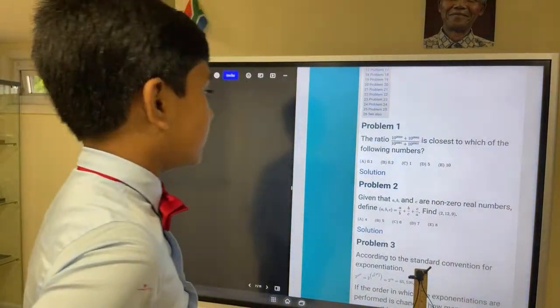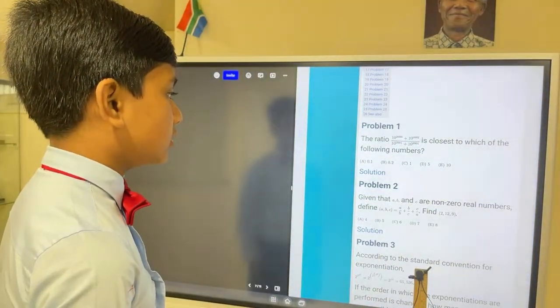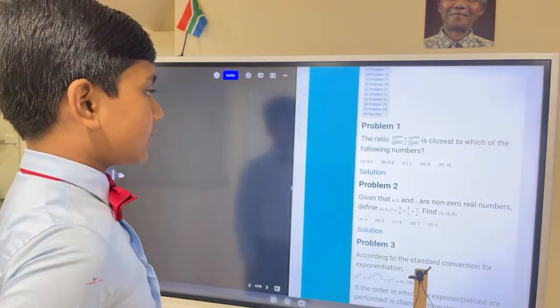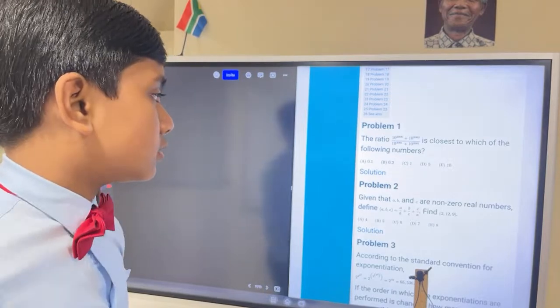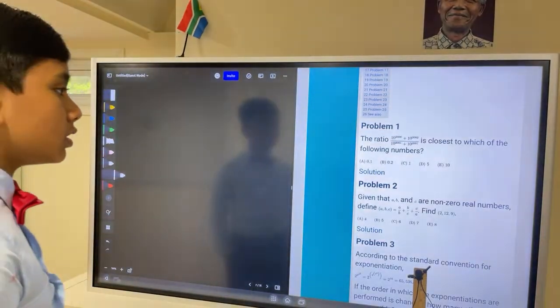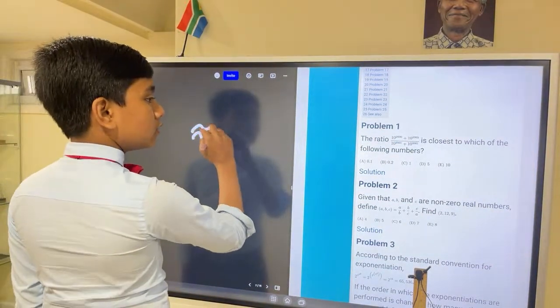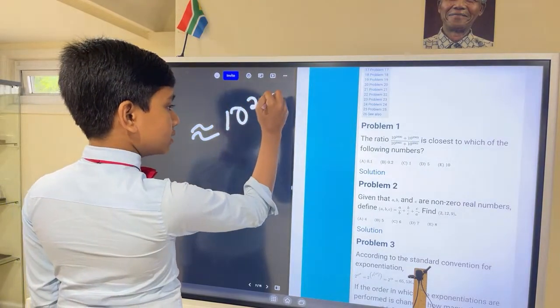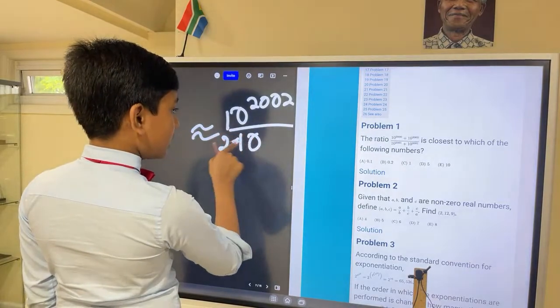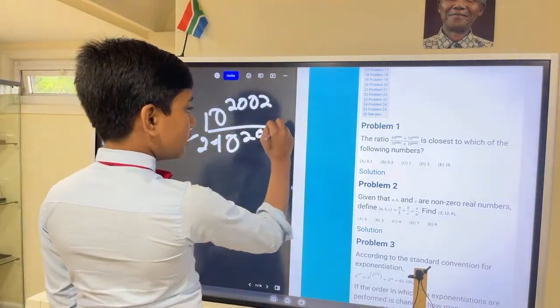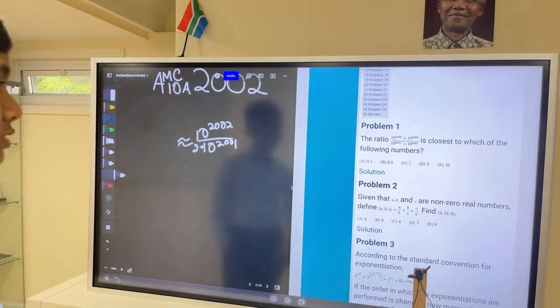The ratio of 10 to the 2000 plus 10 to the 2002 over 10 to the 2001 plus 10 to the 2001 is closest to which of the following numbers? Well, if we estimate using order of magnitude, it's about 10 to the 2002 over 2 times 10 to the 2001. We don't even need to consider 2000.